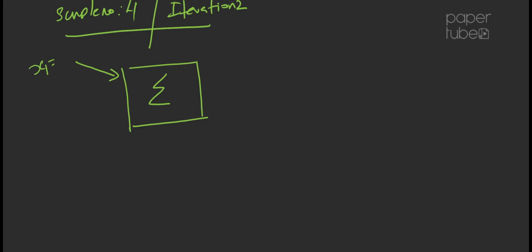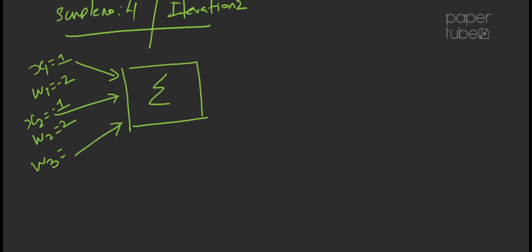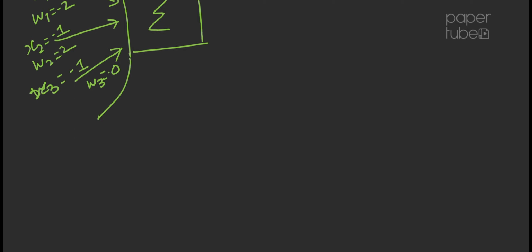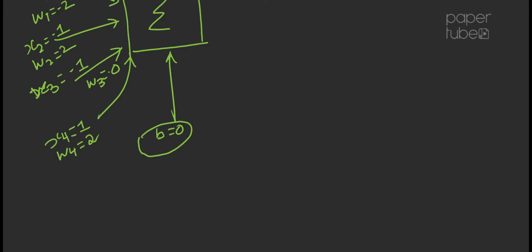So x1 is 1, w1 is -2, x2 equal to -1, w2 is equal to 2, w3 equal to 0, x3 equal to 1, x4 is equal to -1, w4 is equal to 2, and then the updated bias, which we already know, is equal to 0.